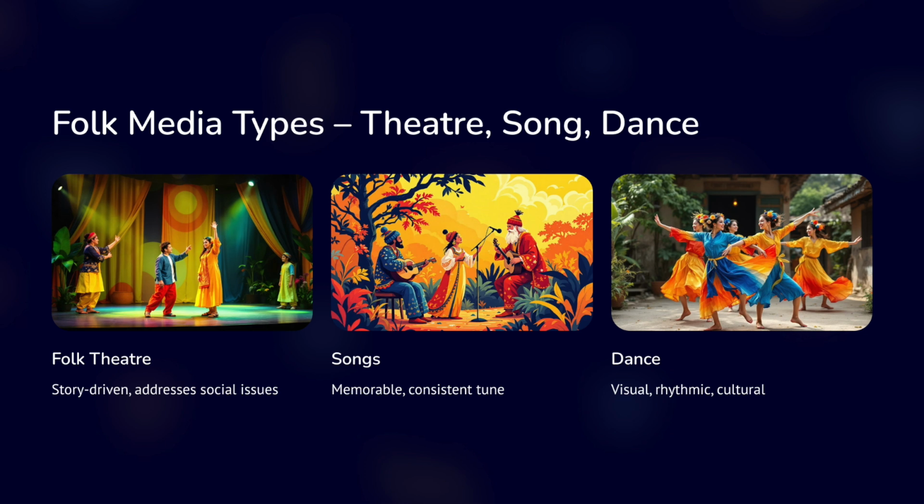Then there are folk songs. These are typically simple compositions that have been orally passed down from one generation to the next. Folk music usually has a steady pace and a straightforward structure, with the music often remaining the same throughout the song's many stanzas.